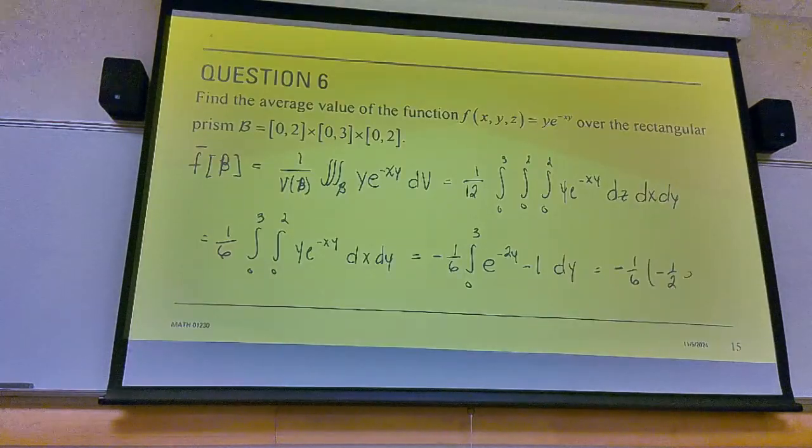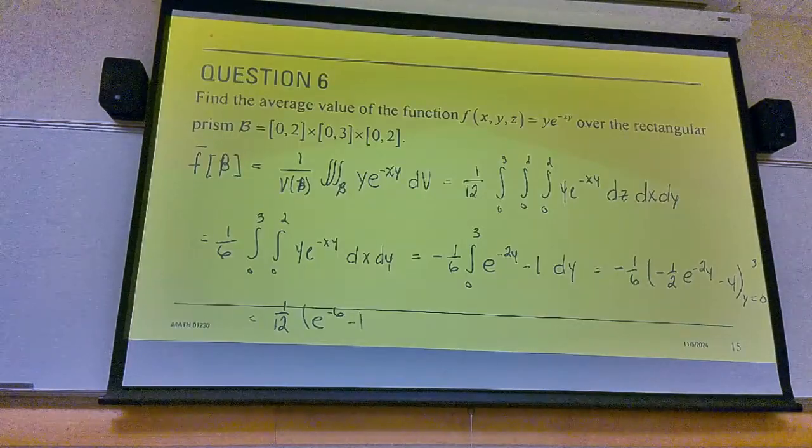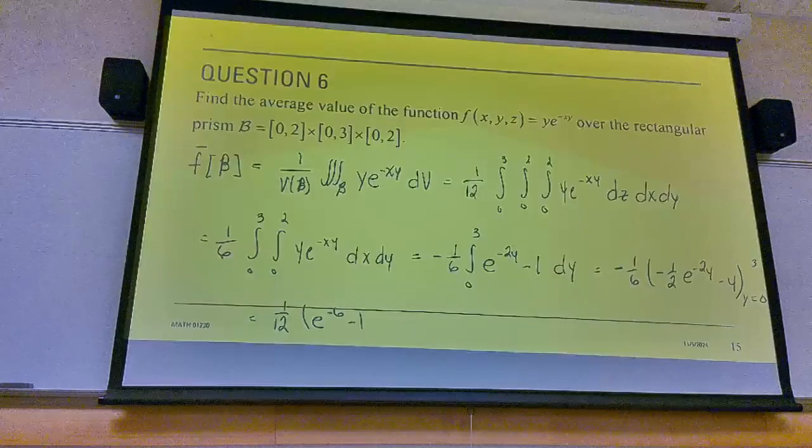Negative a half, e to the negative 2y minus y, from 0 to 3. We have what? Negative 6 times. I'm not going to factor out that negative 1 now. E to the minus 6 minus e to the 0. Then minus 6.